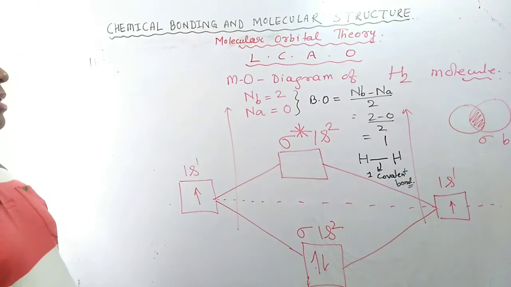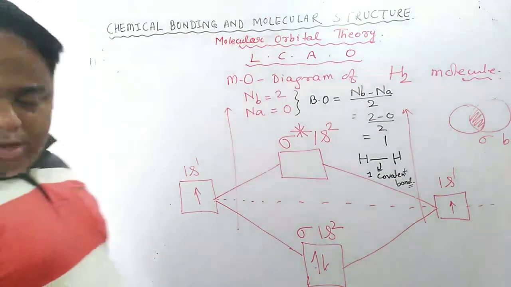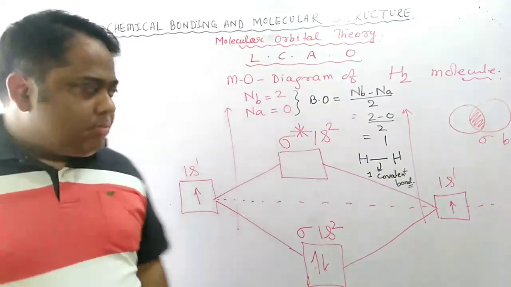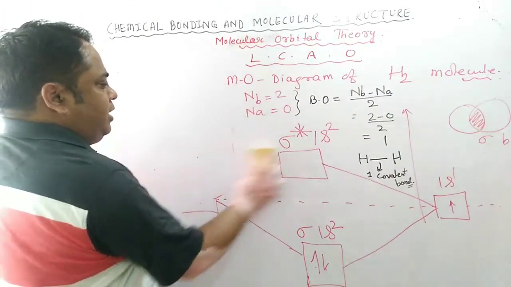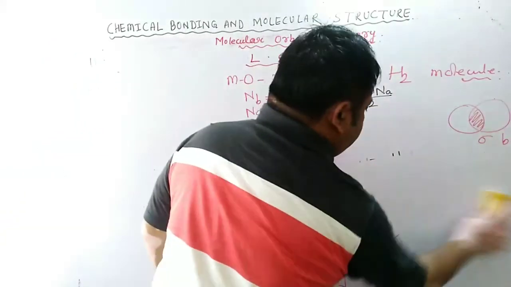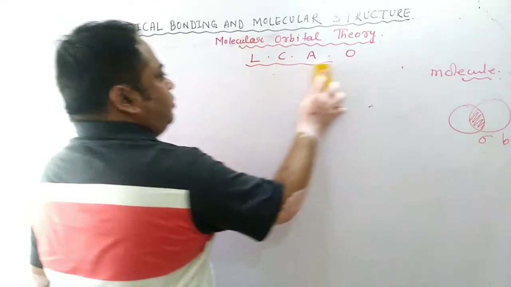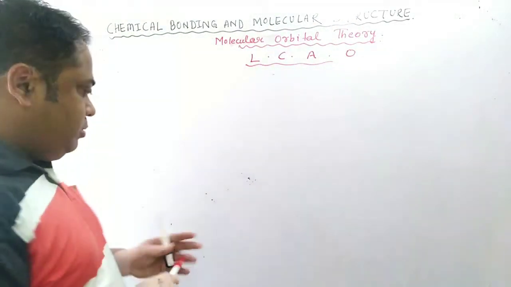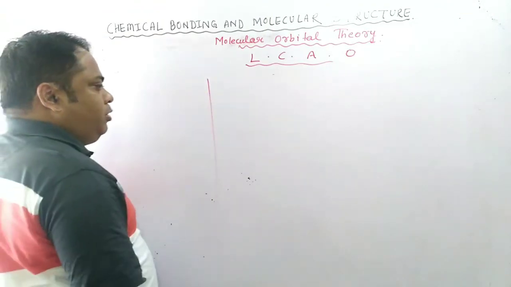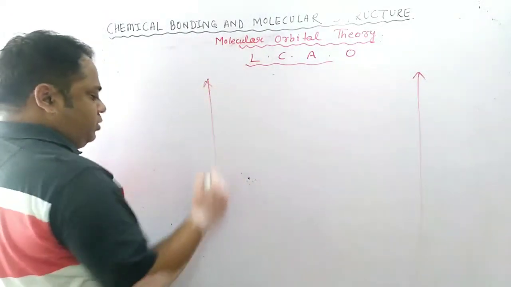Similarly, you can try the same with the helium molecule. Let us try the same with the helium molecule. Is He2 molecule possible? Let us see. Here we will take atomic orbital, here we will take atomic orbital, and this will be the energy level, from low energy to high energy level.